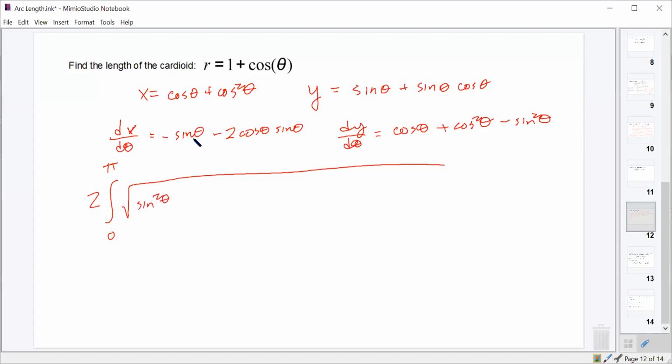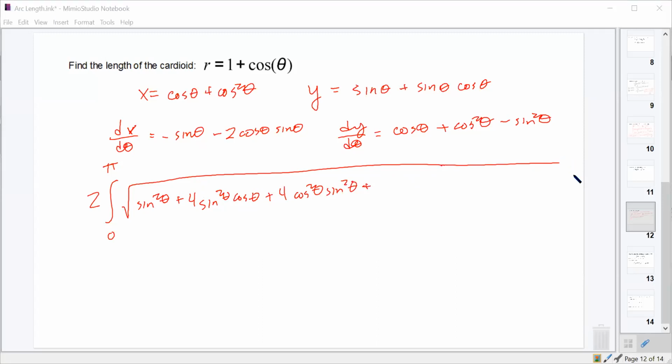Plus 4 sine squared theta cosine theta, and then plus 4 cosine squared theta sine squared theta. Everybody agree with that?